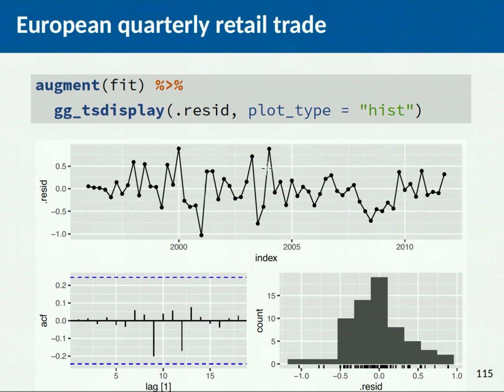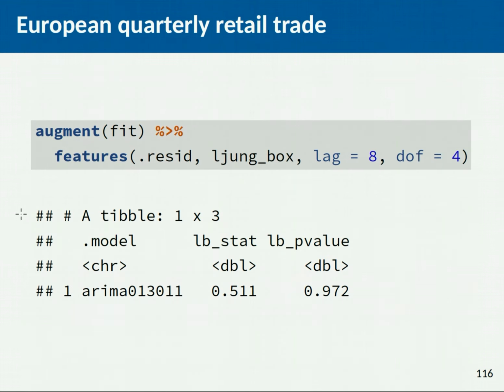Now when we look at the residuals, it looks a lot better, where the autocorrelations do fall within the Bartlett bands, and the Ljung-Box p-value is 0.9. This is a high p-value, so we don't have a problem.